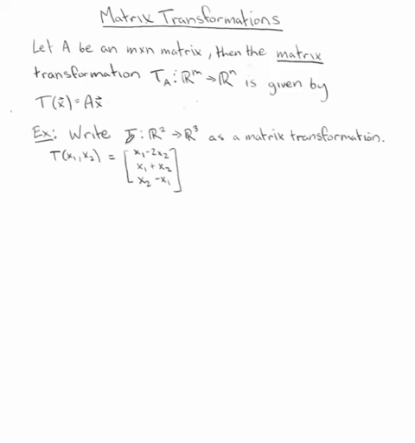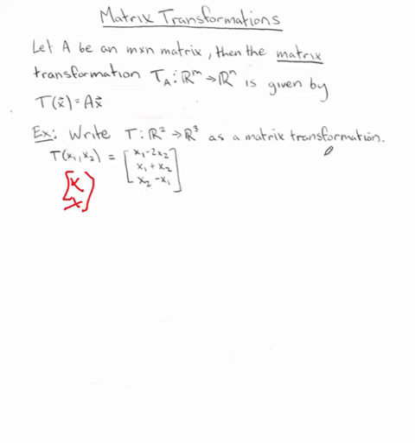So let's say that we write T going from R2 to R3 as a matrix transformation. My transformation here takes the vector (x1, x2) to the vector (x1 minus 2x2, x1 plus x2, x2 minus x1).